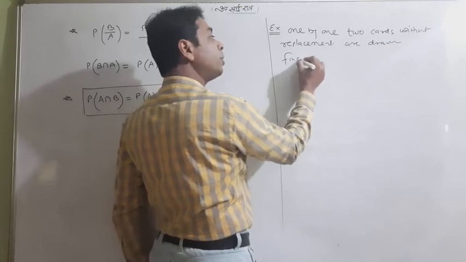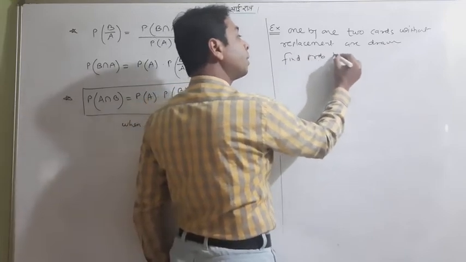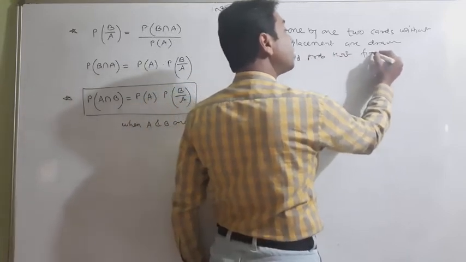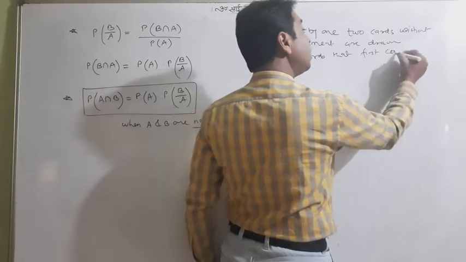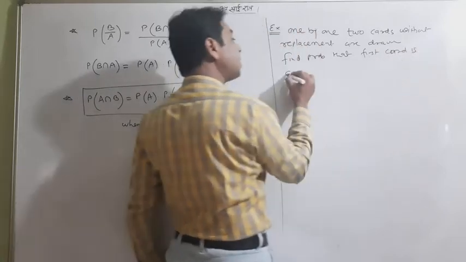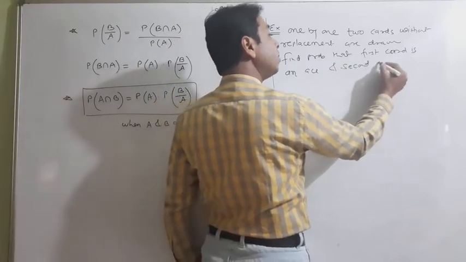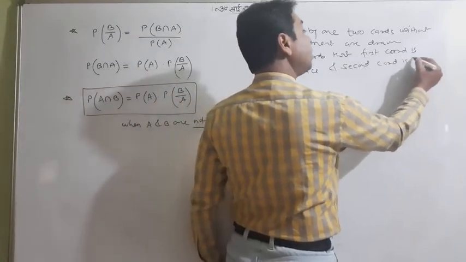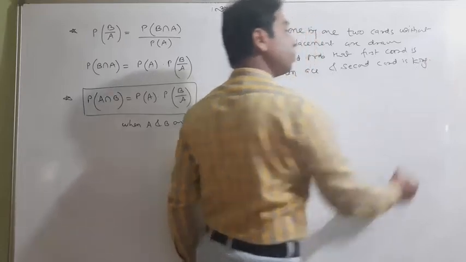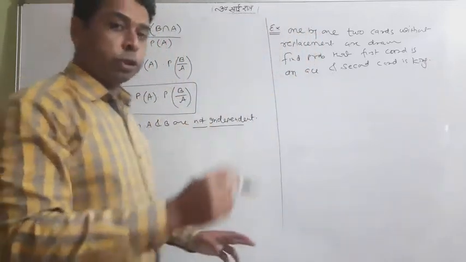Find the probability that the first card is an ace card and the second card is a king card. Very simple question I have taken here, but a meaningful question.